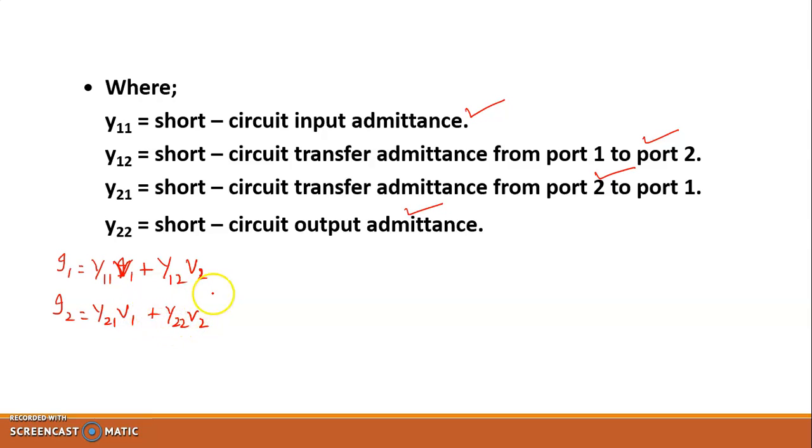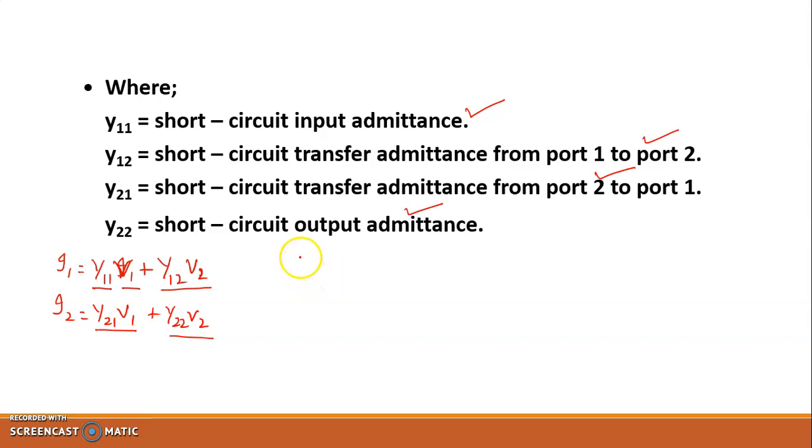So these are the equations corresponding to the Y parameters. Here you know that Y11 V1 represents a current, since voltage into admittance gives you the current. Each of these terms represents a current, so I1 is a sum of two currents.